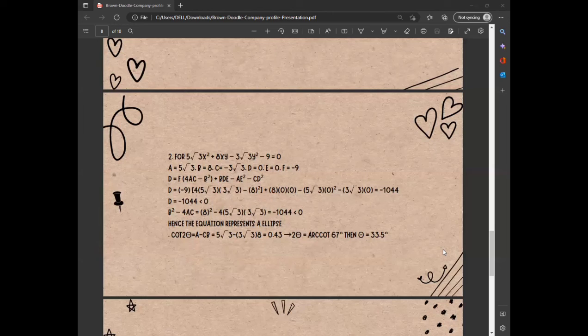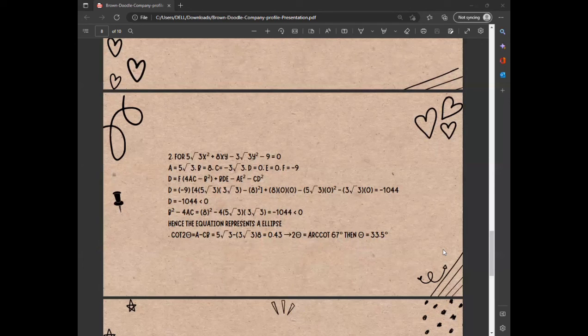So B squared minus 4AC is equal to 8 squared minus 4 times 5 square root of 3 times negative 3 square root of 3 is equal to negative 1,044, which is less than 0. Sinabi ko na nga. So, ang tawag dito sa problem na to or equation na to is ellipse. Dahil ngayon, ito ay less than 0 and not equal to 0.